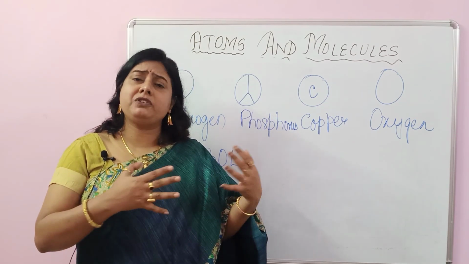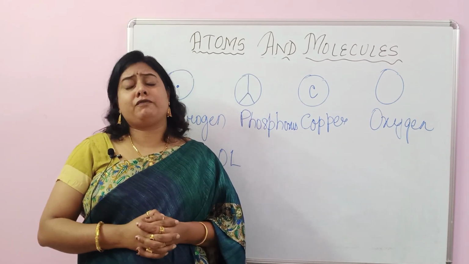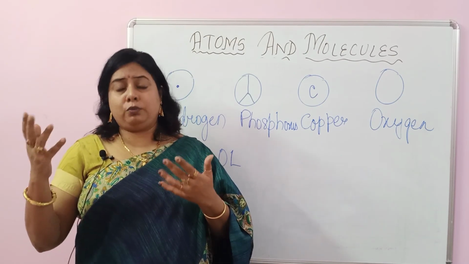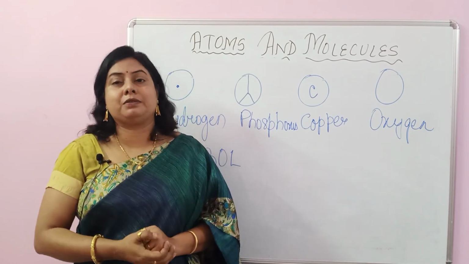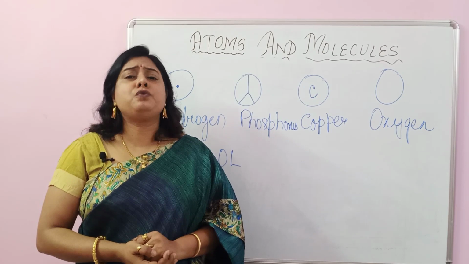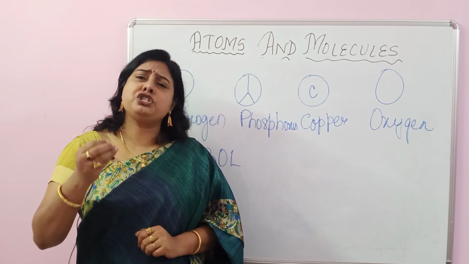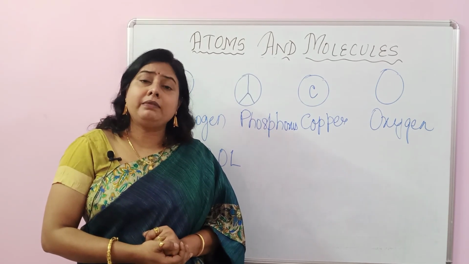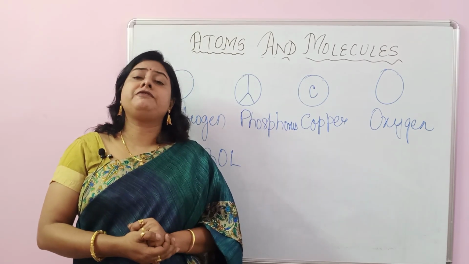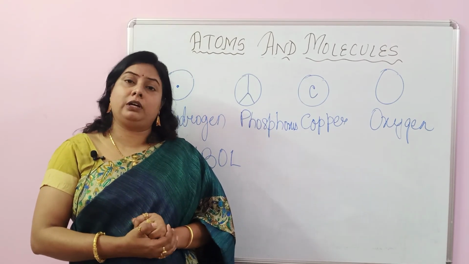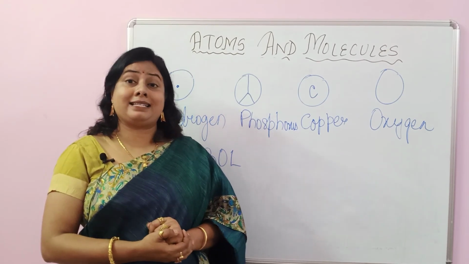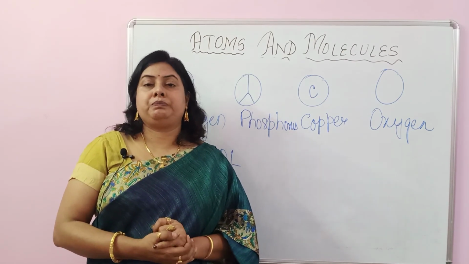Now, since we have so many types of elements which have atoms, we need to represent them in a short way. And these short and scientific representations of the elements are known as their symbols.